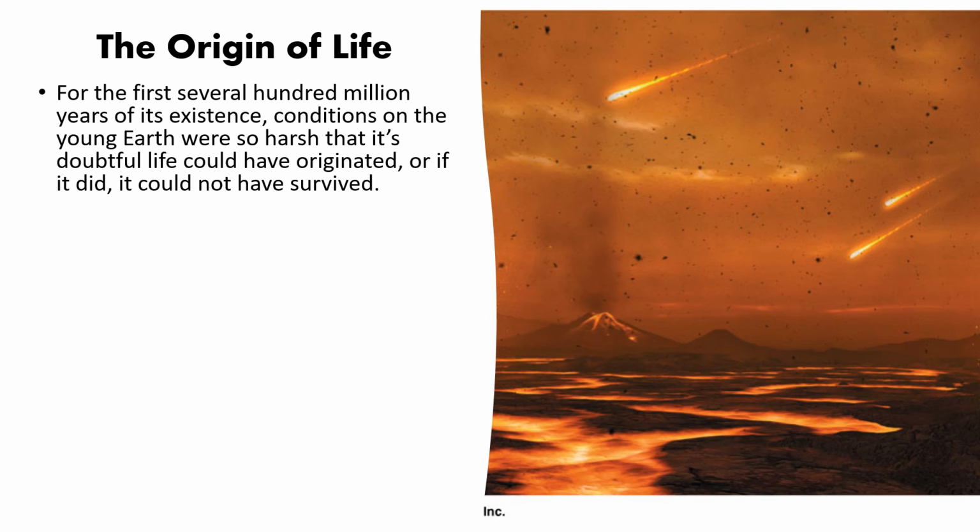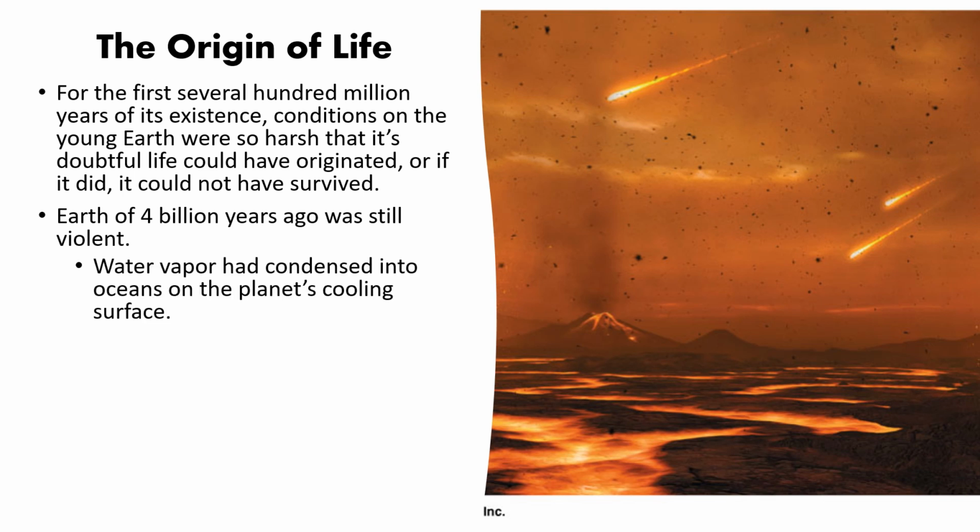If we travel back to the origins of the planet, for the first several hundred million years the planet was extremely harsh, and there's not really any way we think any type of organism could have survived. About 4 billion years ago, the Earth is still very violent, but there are starting to be some changes.